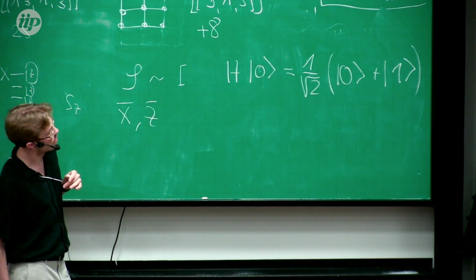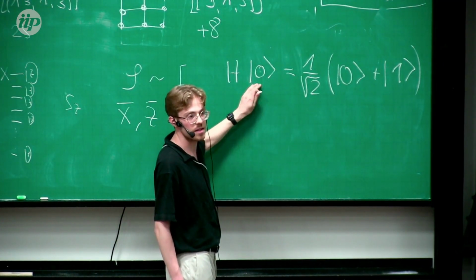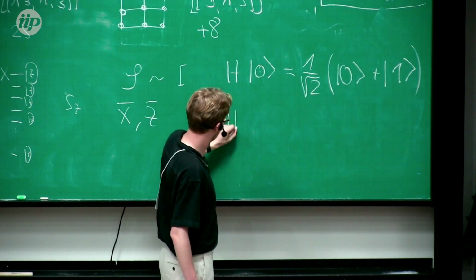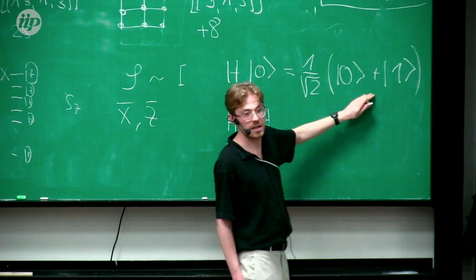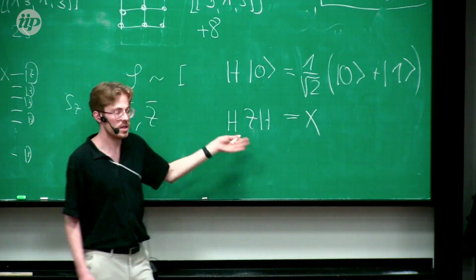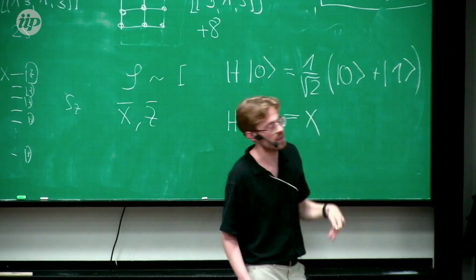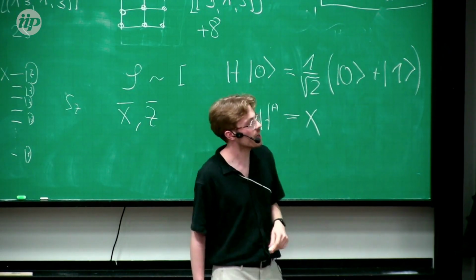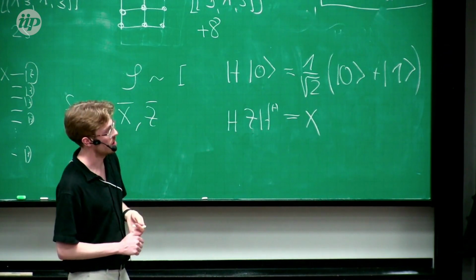So what the Hadamard does, it transforms a state that is stabilized by a Z operator to a state that is stabilized by an X operator. And this we can express by calculating HZH as X, or HXH as Z. We could put a dagger here, but it's self-adjoint, so we don't have to.